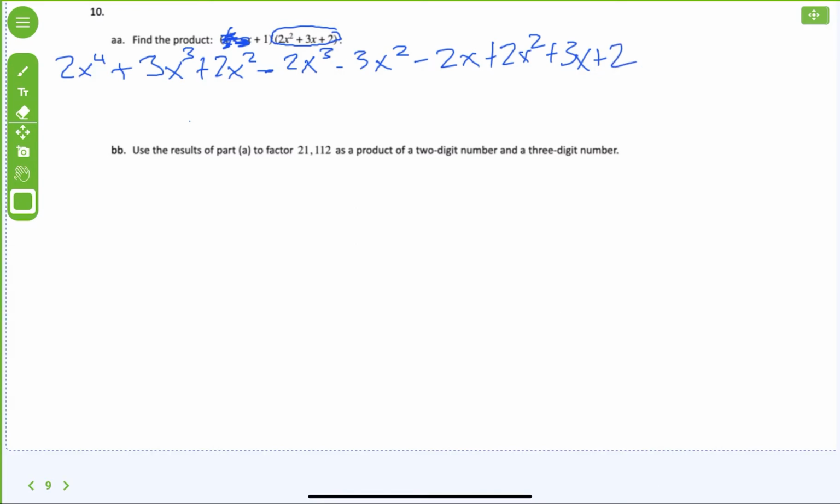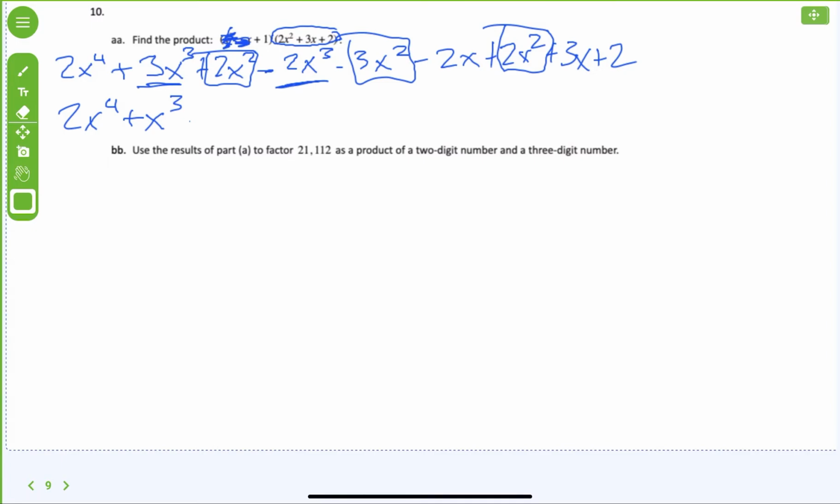Now we got to combine like terms. Here we have an x cubed, no x cubed. So 2x to the fourth. Combine these is going to leave you with plus x cubed. Now we have x squared, x squared, x squared. We've got to combine those.